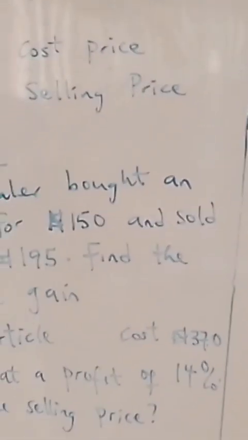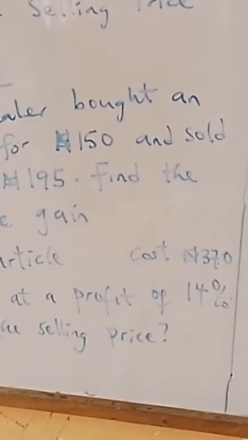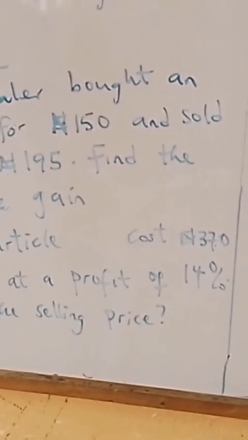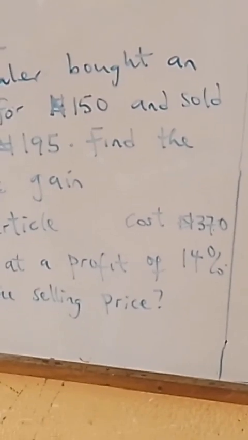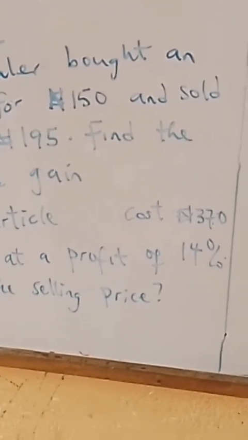Let's solve the second question. An article cost 370 naira was sold at a profit of 14%. What is the selling price? So we need to find the 14% of the cost price first.